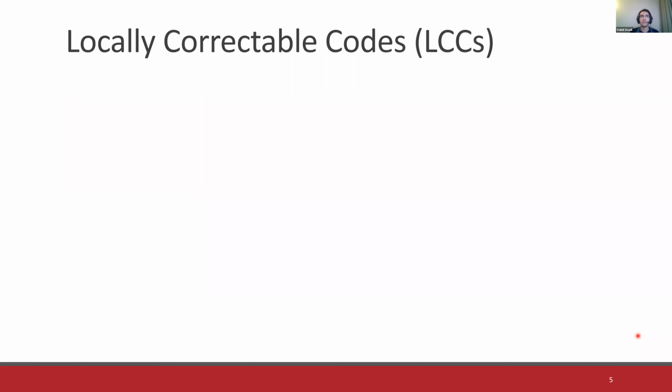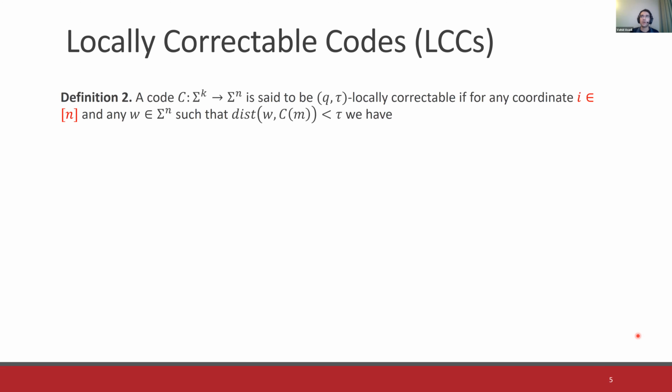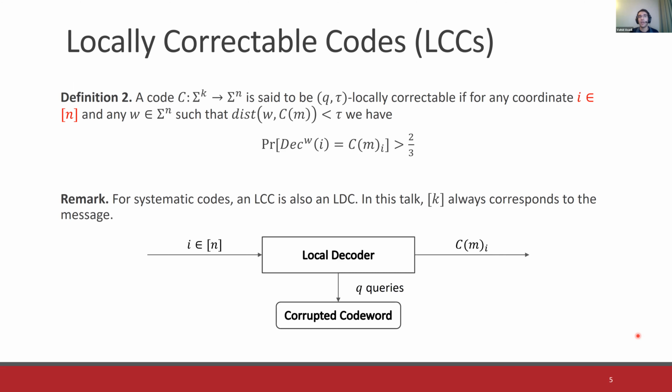Similar to the notion of locally decodable codes, we have the notion of locally correctable codes, which only differ in the fact that locally correctable codes can correct each bit of the code word instead of the message. So we give it a coordinate in n, it reads q locations in the corrupted word, and it outputs the i-th bit of the code word with high probability.